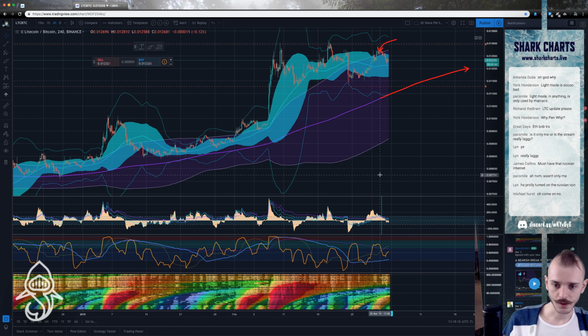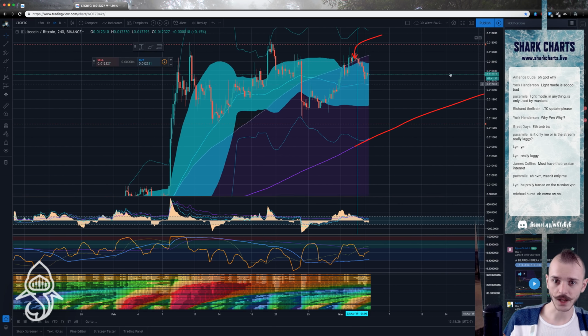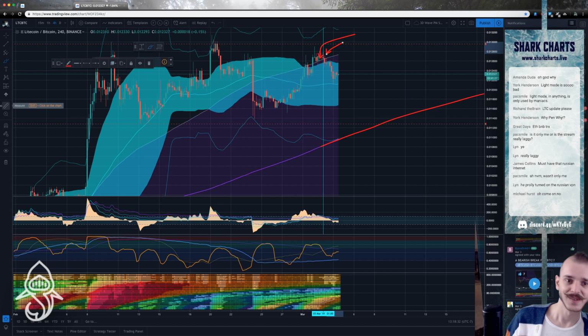So this candle. Let's zoom in. We caught our Litecoin short entry right there. And I should have used more leverage. But, God, it was such a clean trade.